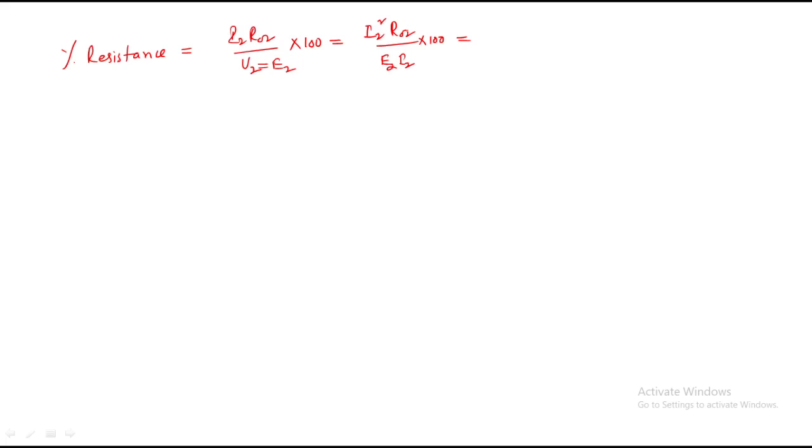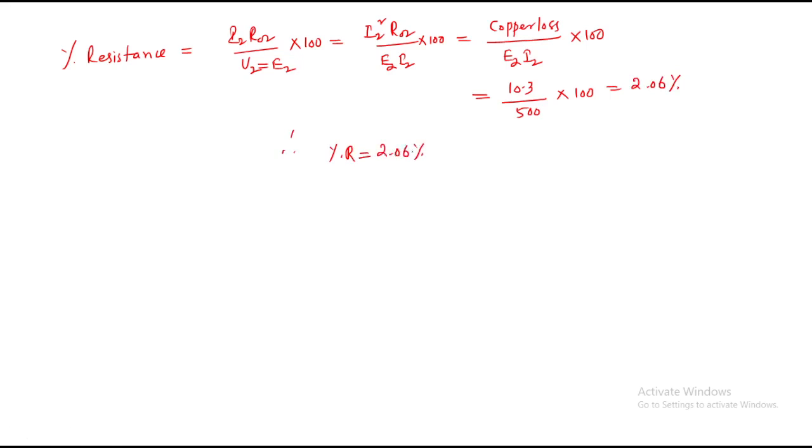I2 square R02 is nothing but what? Copper losses, right? By E2 I2 into 100. What is the copper loss? 10.3 by 500 into 100, which is equal to what? 2.06%. That is percentage R should be equal to 2.06%.